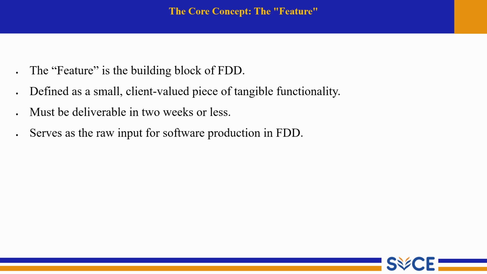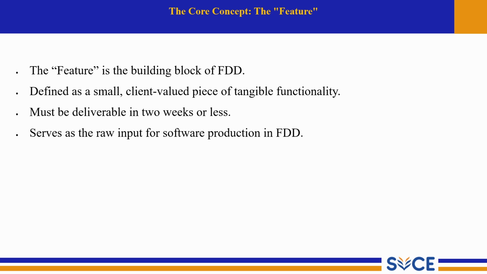And next point, it must be deliverable in 2 weeks or less. That is, features are designed to be small and quick to complete, keeping the project moving forward in short cycles. And last one is it serves as the raw input for software production in FDD.